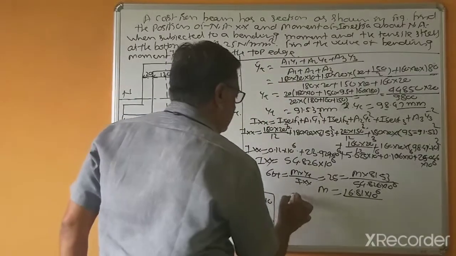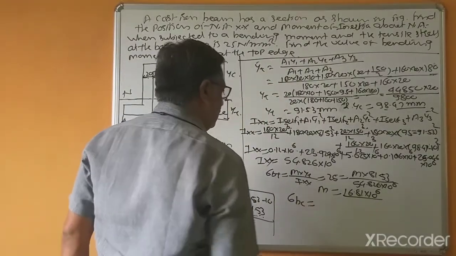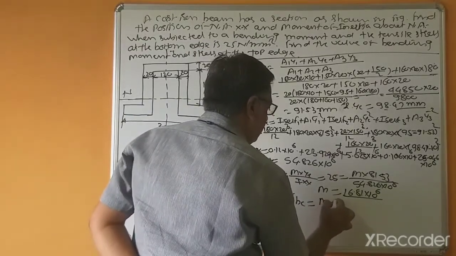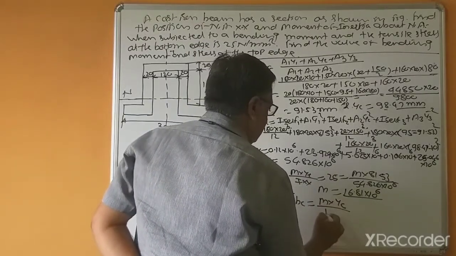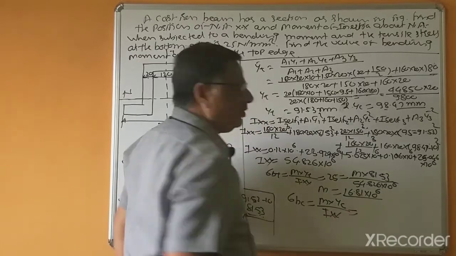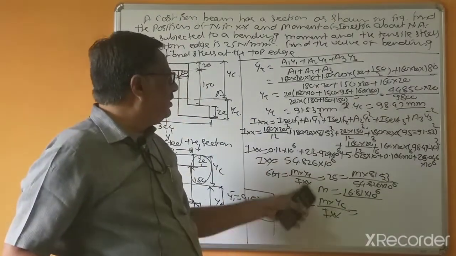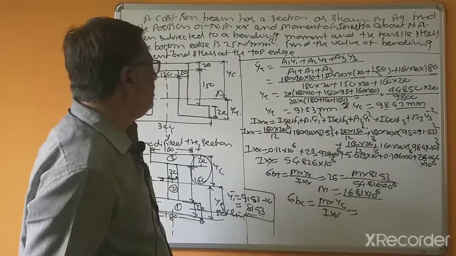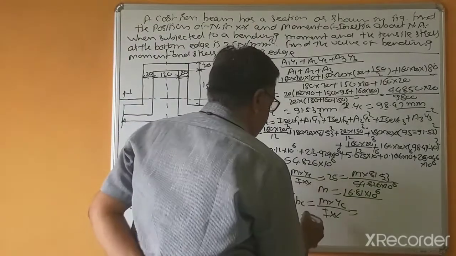Now sigma BC equal to M into YC divided by IXX only. So this will give the value of the stress at the top edge.